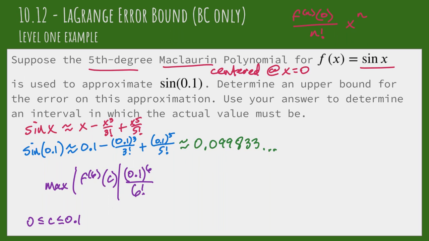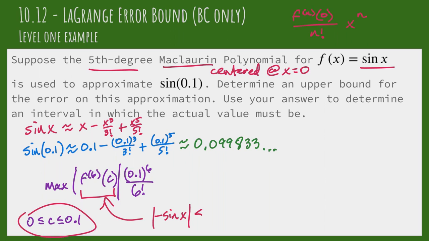Well, the biggest possible value of sine or cosine is always going to be 1. So worst case scenario, when we're looking at the maximum possible value of a trig function, this is the maximum possible value of the opposite of the sine of x, somewhere between 0 and 0.1.